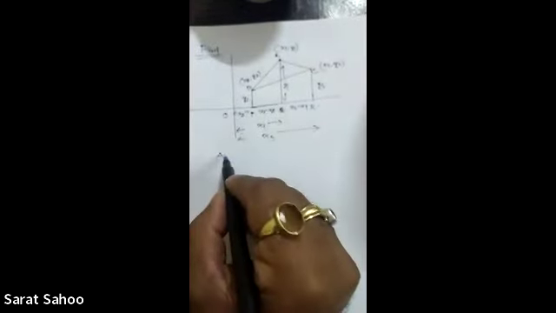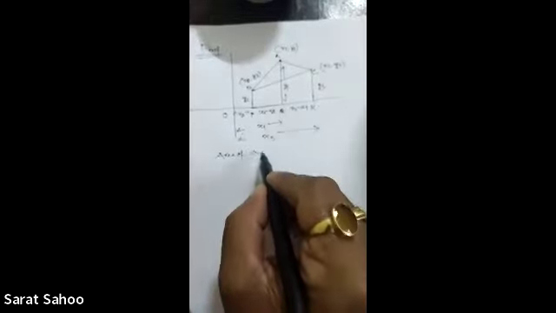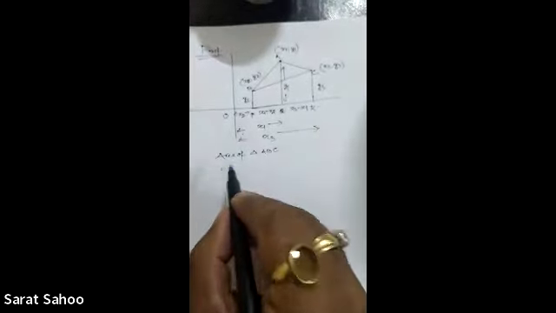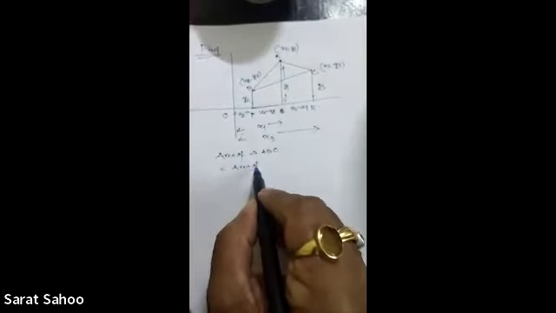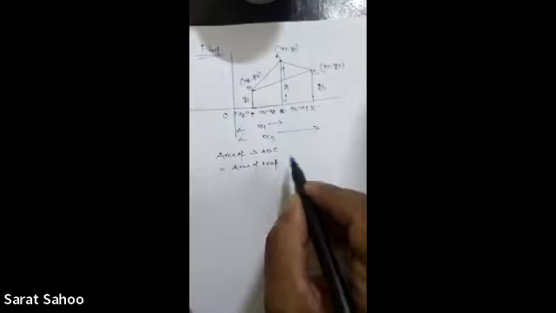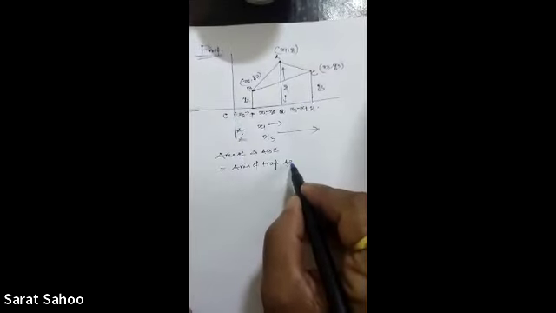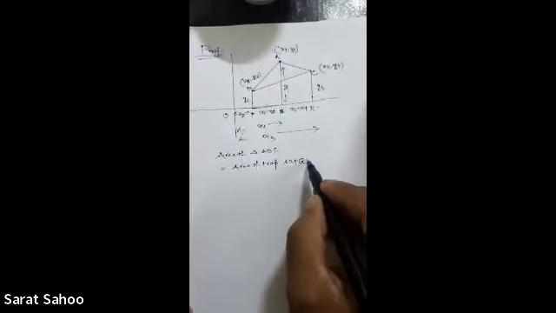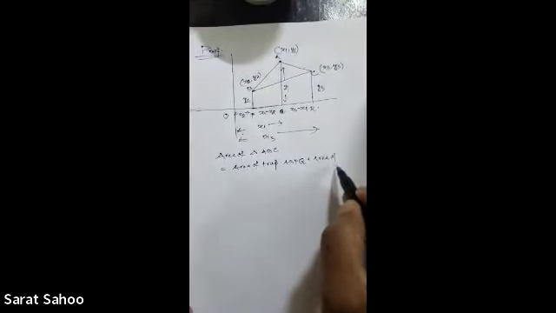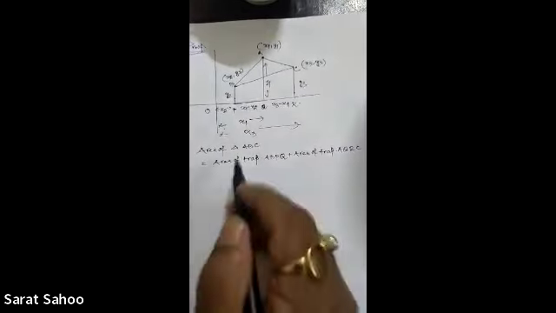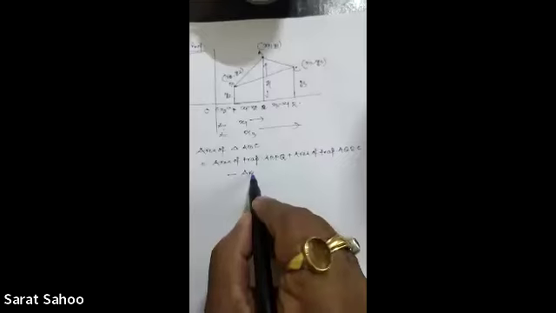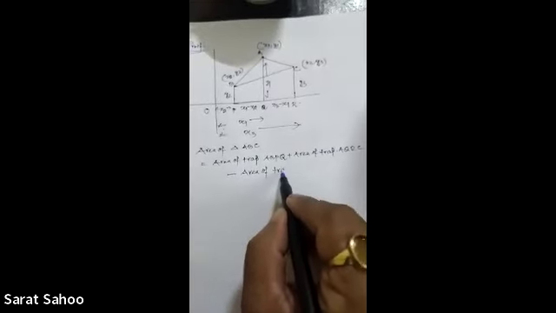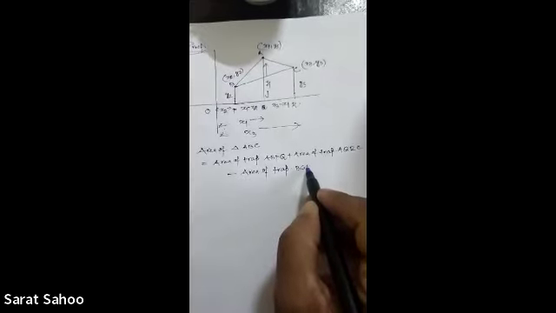So area of triangle ABC equals to area of trapezium ABPQ plus area of trapezium AQRC minus area of trapezium BCRP. Okay.